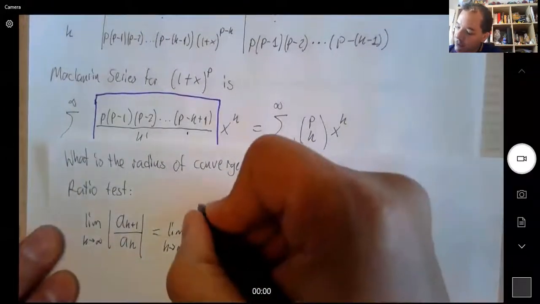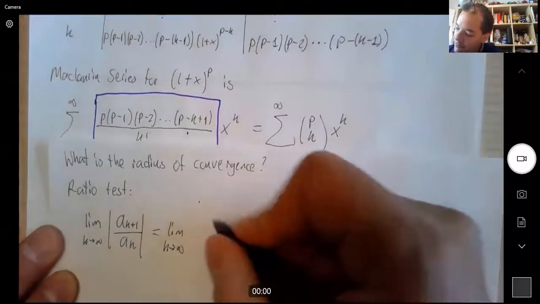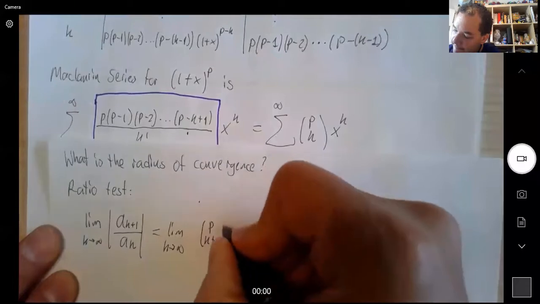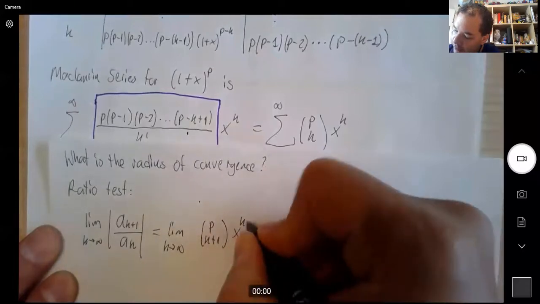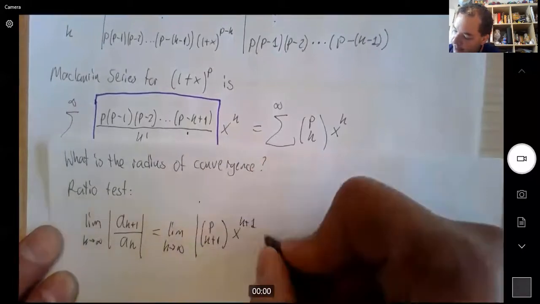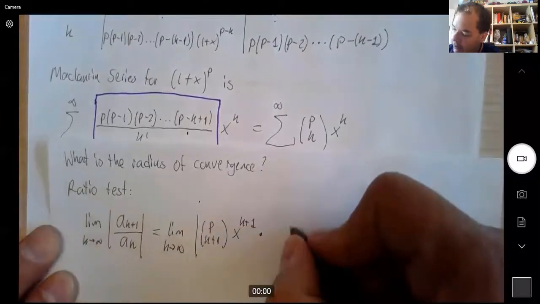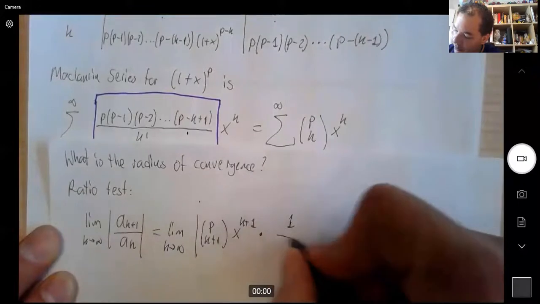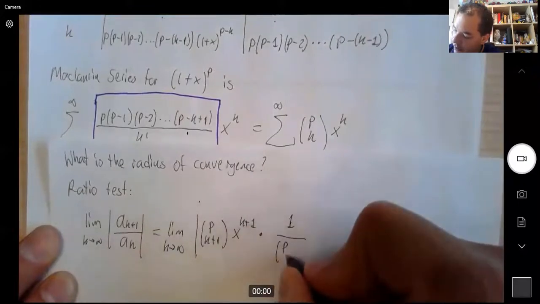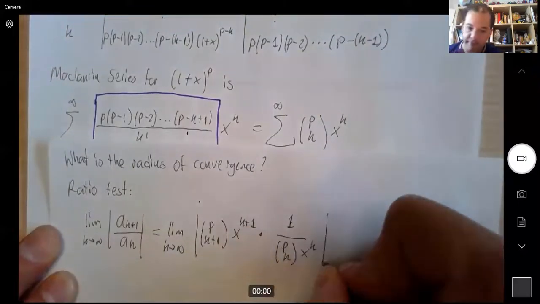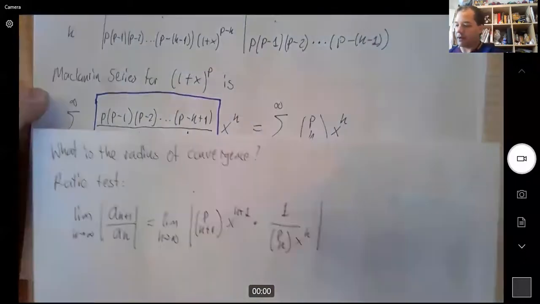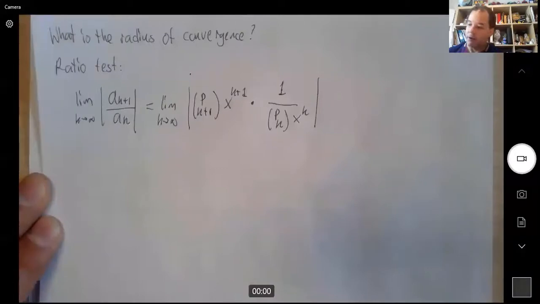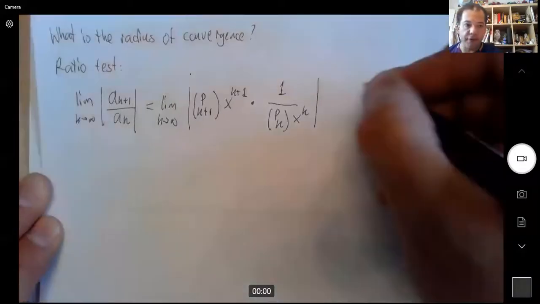So it's going to be p choose k+1, x to the k+1, times, and then the other we just flip it, right? So it will be 1 over p choose k, x to the k. All right. Now I can move it up. Good. Now let's figure out this limit.